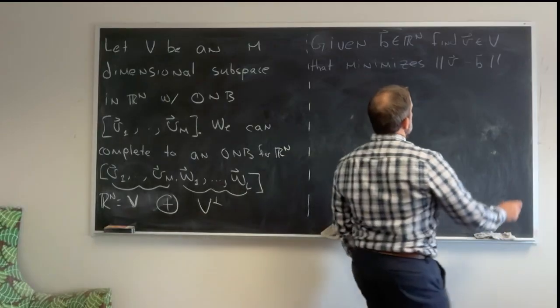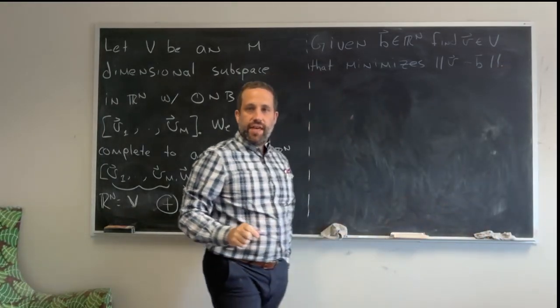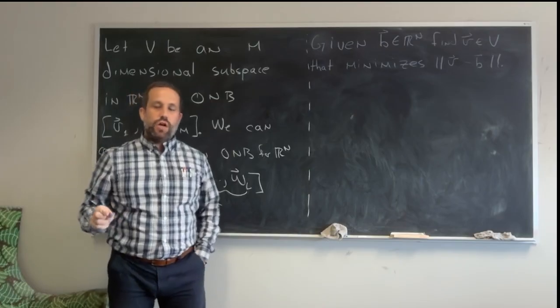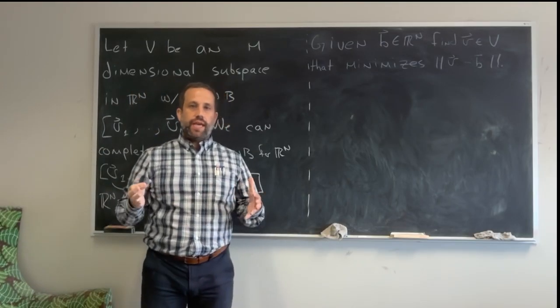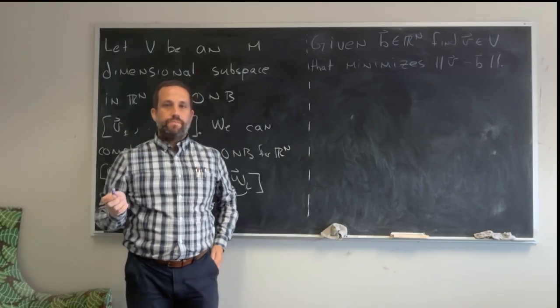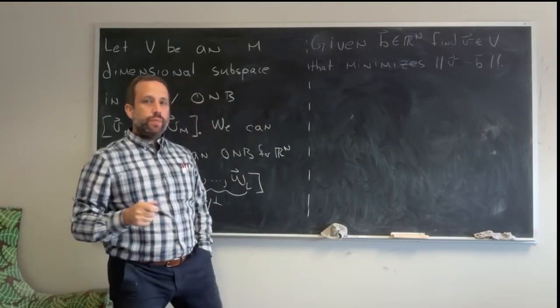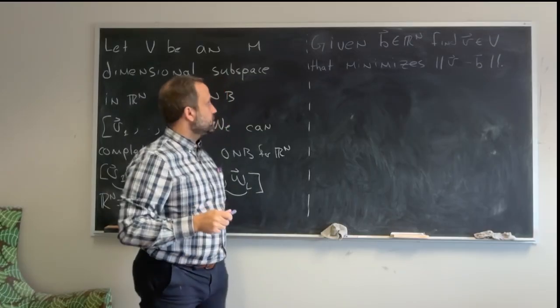In other words, what we're doing is we want to find the vector in V that best approximates b. If we can only take vectors in V, we want to find the vector that gives us the closest thing to b. Here's how we can do that. Again, we're assuming that this norm is given by an inner product.